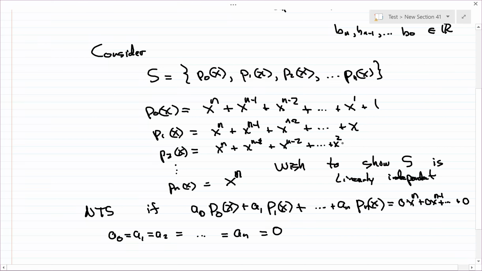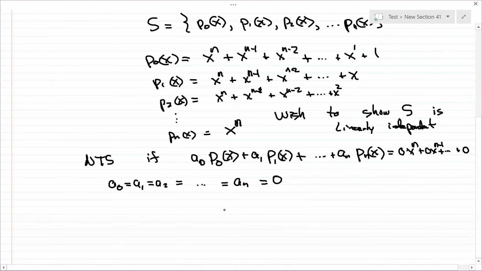Because all the other ones don't have a constant term at all. So the constant term from this one would be A0 times the constant of P0, which will be the 1. So you'll get A0. All the others do not have a constant term. And the constant term would have to be equal to the constant term on the right, which is 0. So you get immediately that A0 has to be 0.